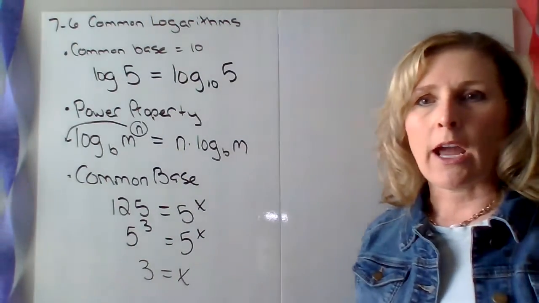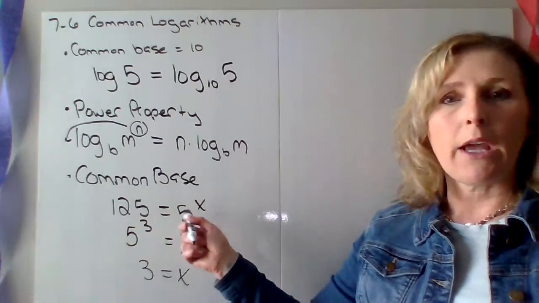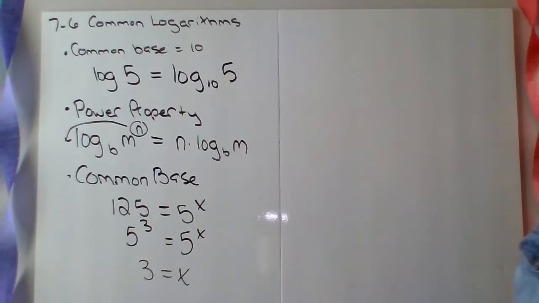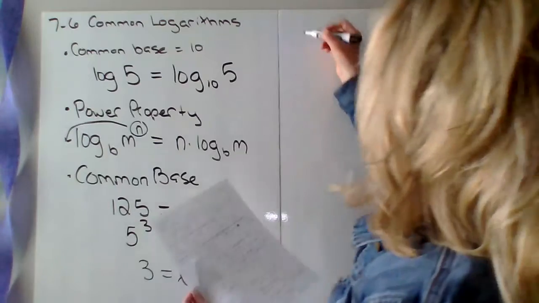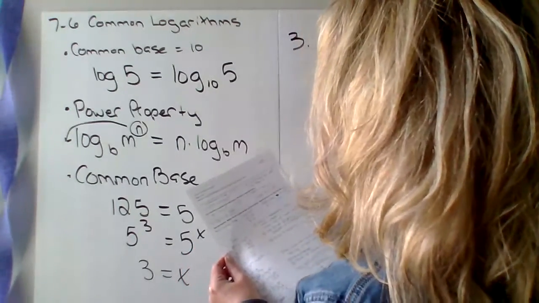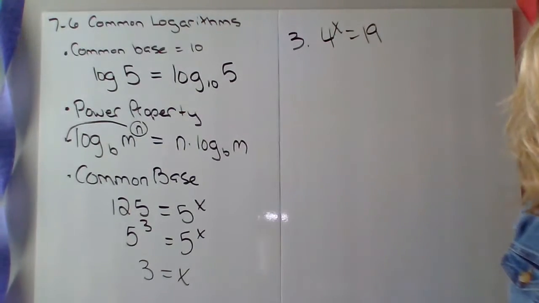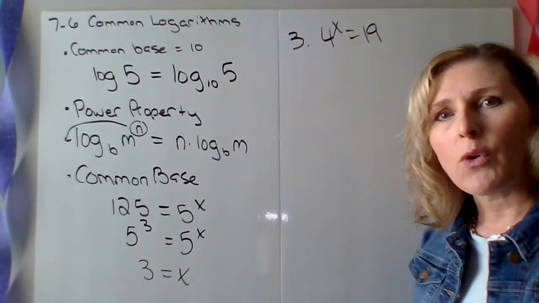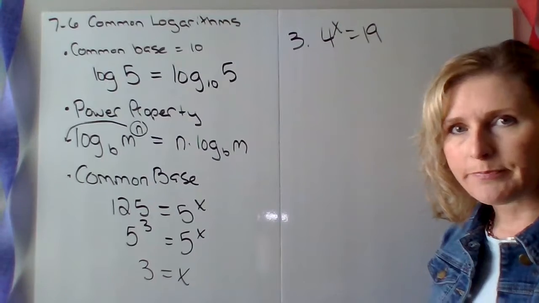The problem that's going to happen today is that we won't be able to write them using a common base. Here's the first one. I want to solve for x in 4 to the x equals 19.